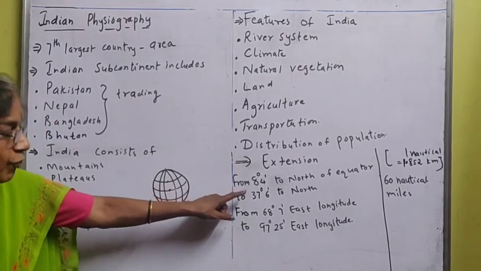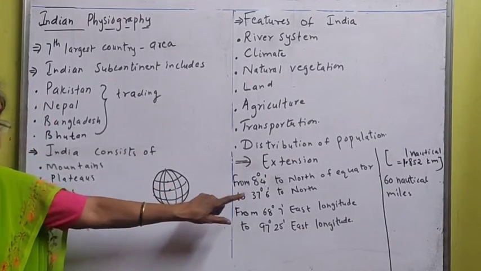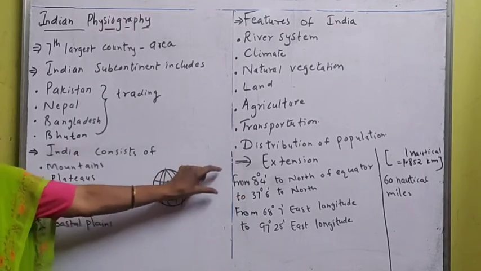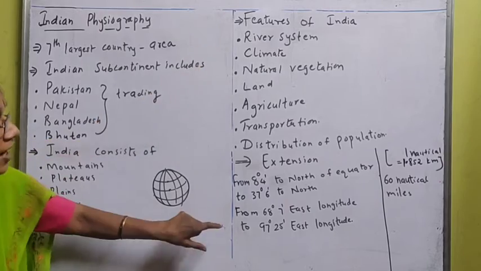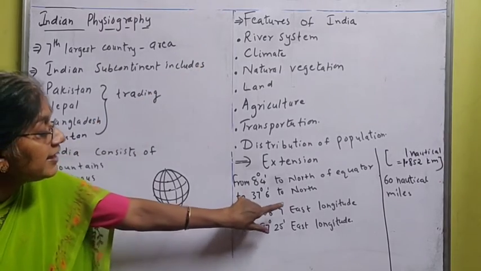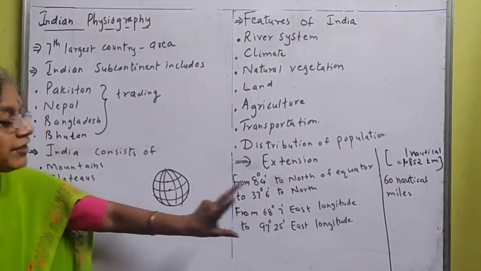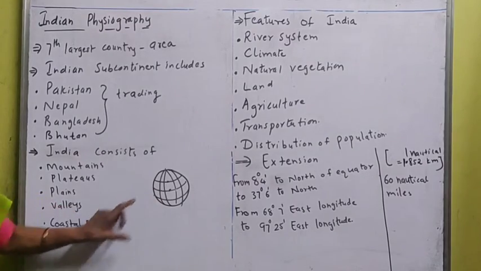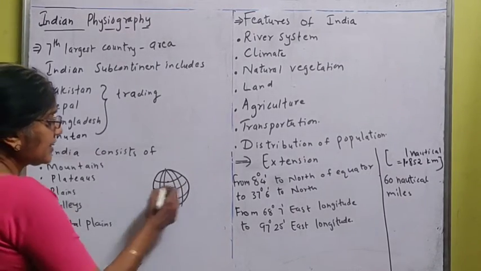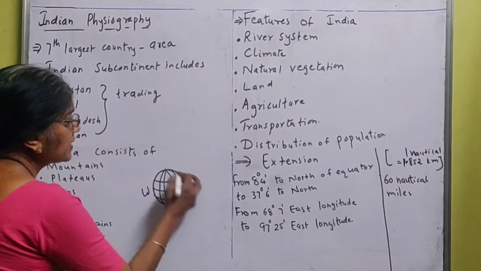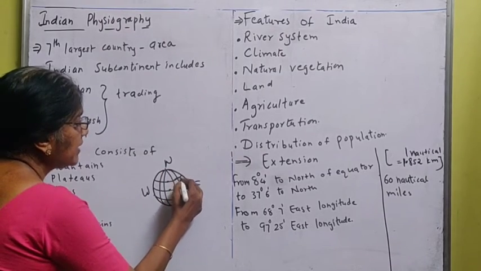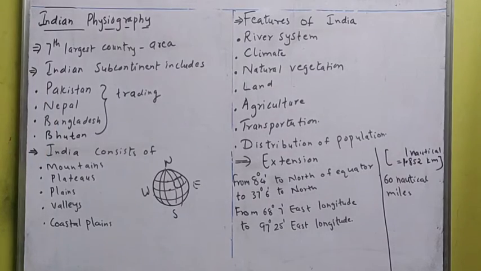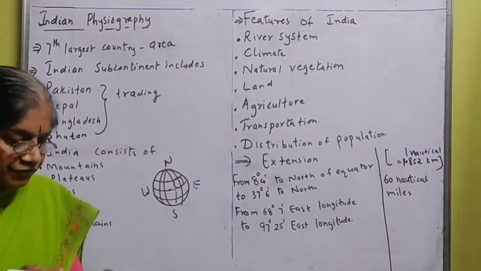So 8 degree 4 minutes to 37 degree 6 minutes is the latitude wise extension of India. Longitude wise, 68 degree 7 minutes to 97 degree 25 minutes east longitude. This is the west, this is the east, this is the north, so towards the north and towards the east is where India lies. That is what the extension of India is.